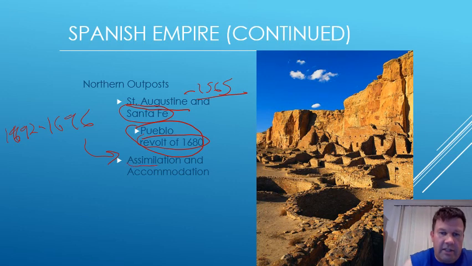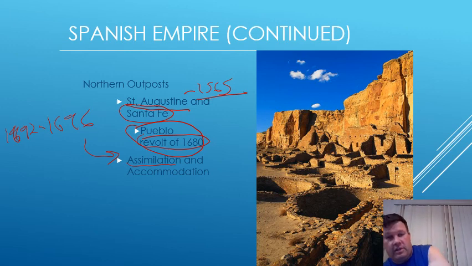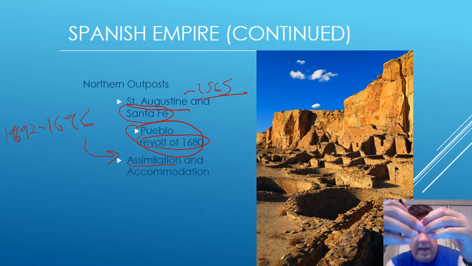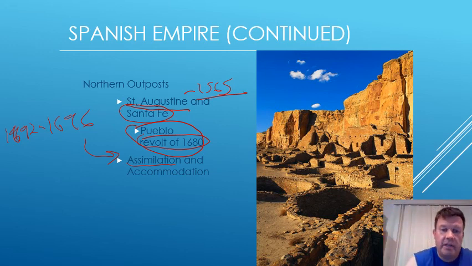In other words, assimilation is when you force your culture upon another people and they over time adapt to it. Okay? So you have a mixture of that assimilation as well as a little bit of accommodation, meaning you allow for these native peoples to continue their native practices and work alongside the Spanish there.